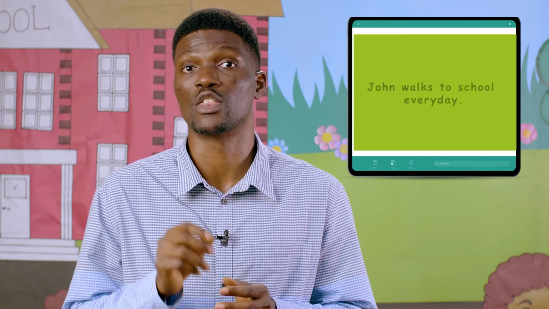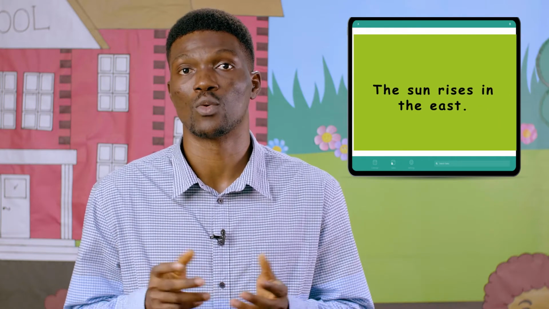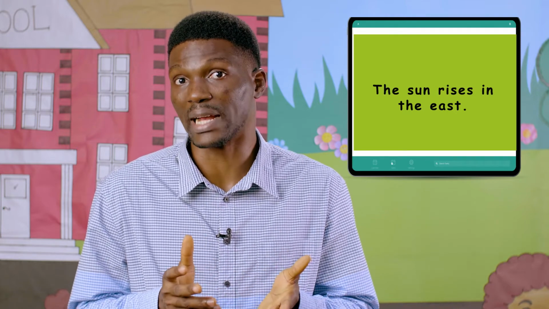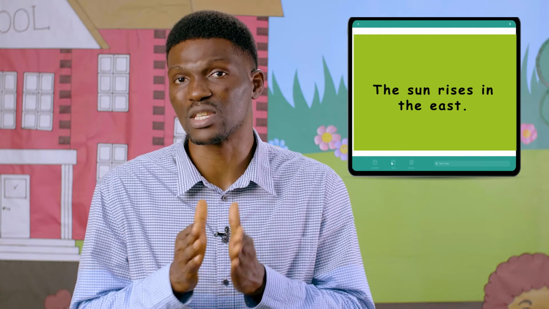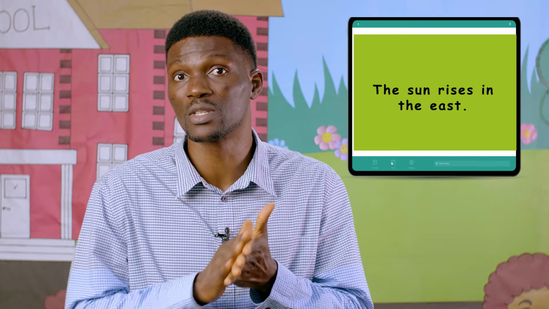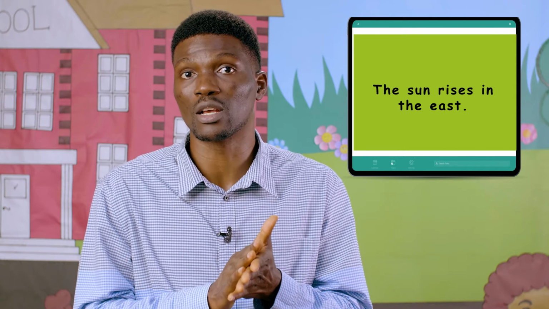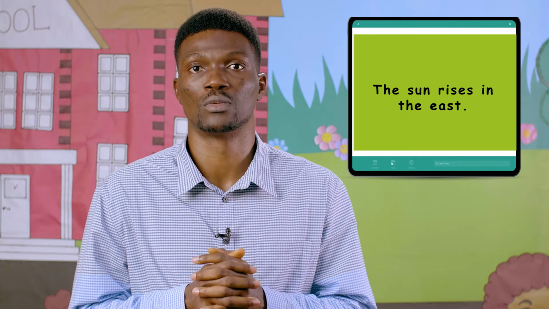For instance, the sun rises in the east. What's the verb? Rises. Just like I said, John walks to school every day. Can you see something similar about those verbs? The verbs either carry an S to show singular or no S to show plural.